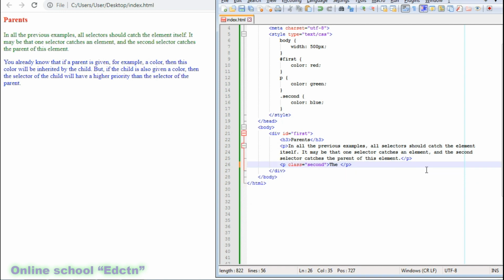The descendant class selector also defeats the parent identifier.